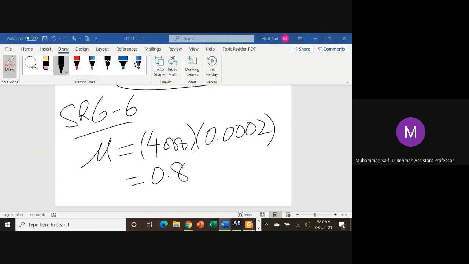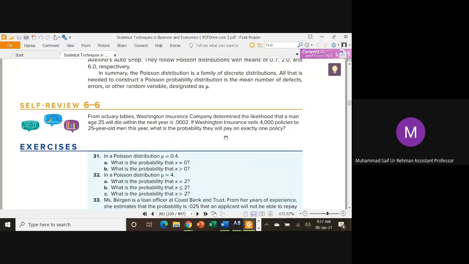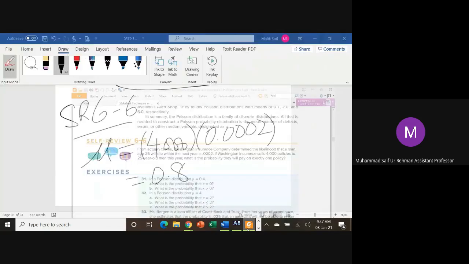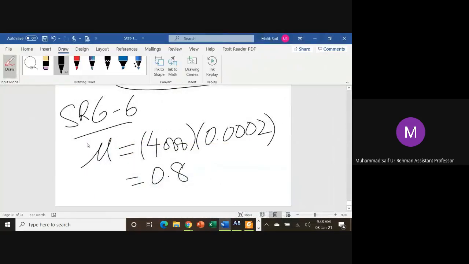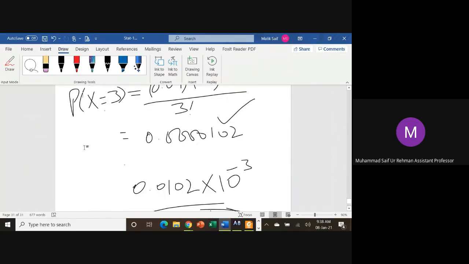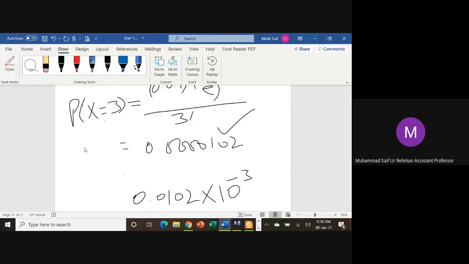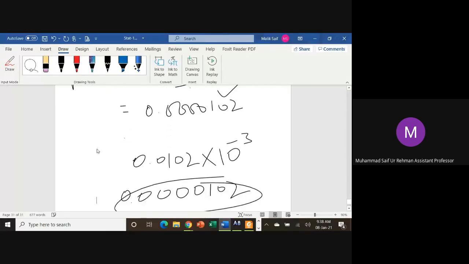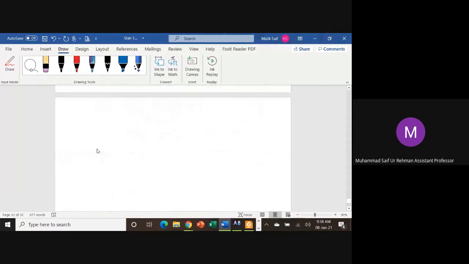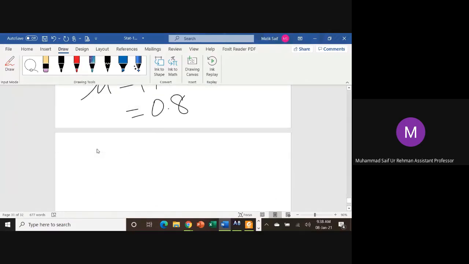Now the question is, what is the probability they will pay on exactly one policy? For this, let me move to the next page. Probability of X equal to 1, exactly 1.